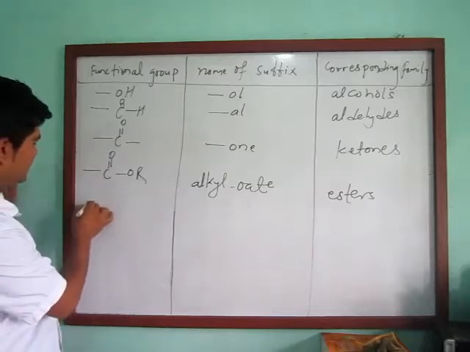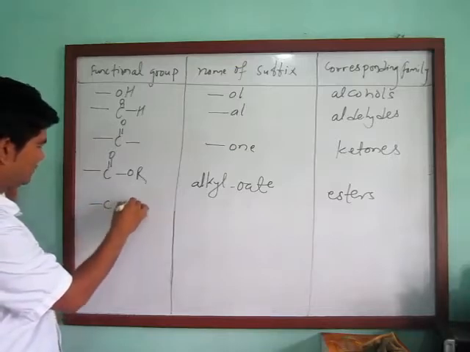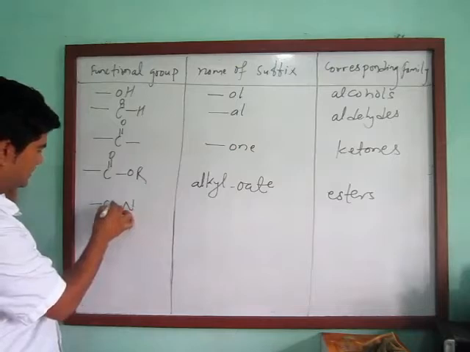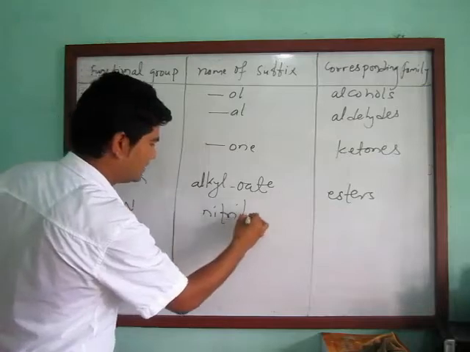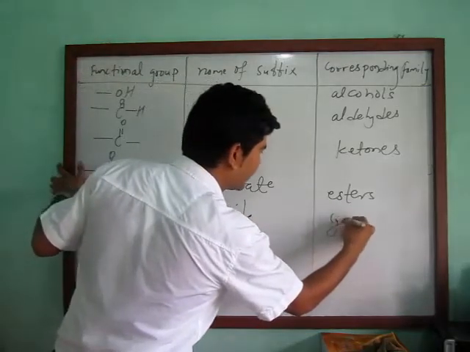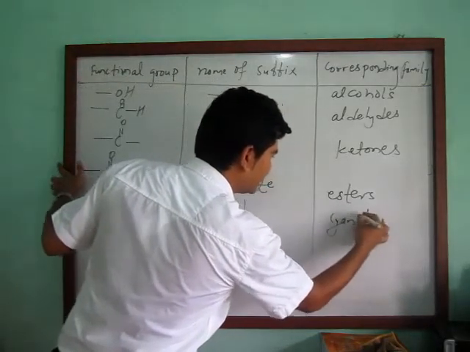Similarly, for the CN group, like this, we should use nitrile. These are the cyanides, cyanide.